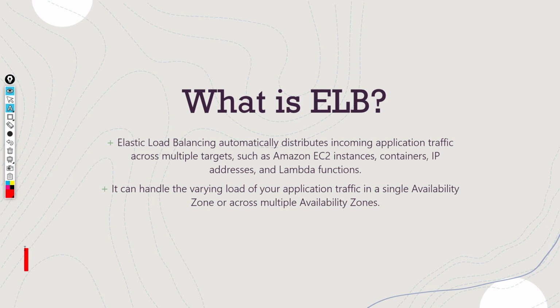Suppose I'm in Mumbai, so it has three AZs, A to C. All the traffic will be distributed from A to A only, B to B only, or C to C only, or maybe from A to A and A to B and A to C, and so on. So here we have that flexibility within the region.